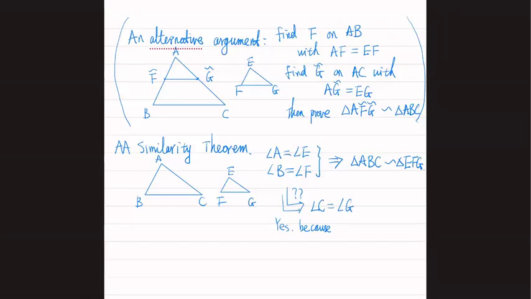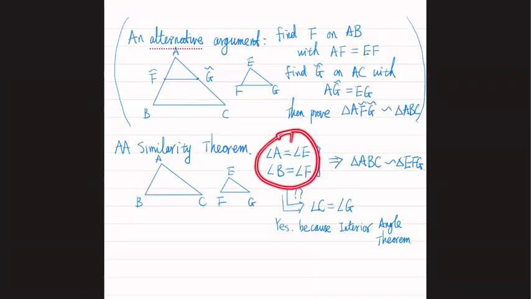Okay, so I think this is because of the interior angle theorem. The summation of the three is 180. Two of them are the same, so the third one must be the same.